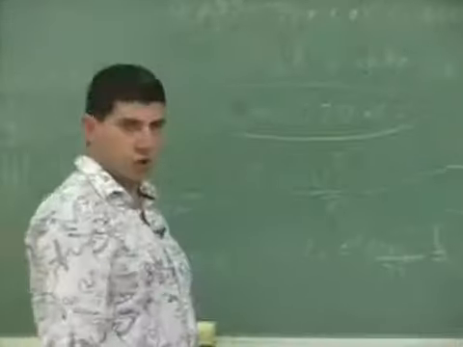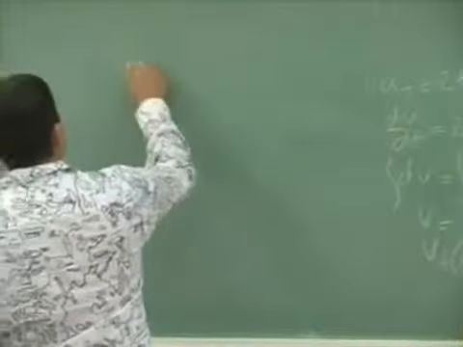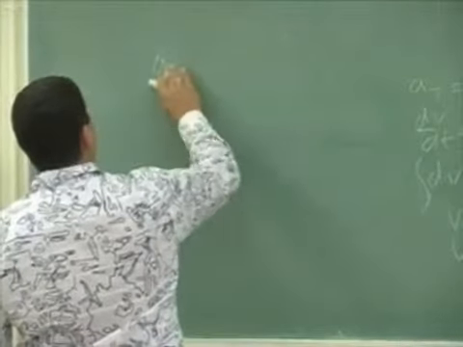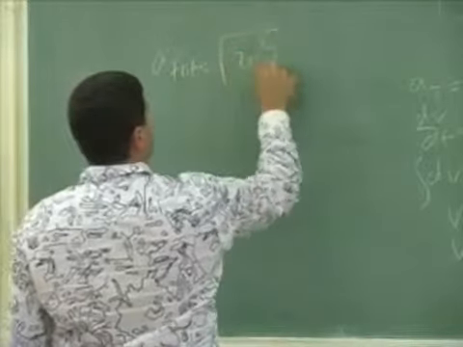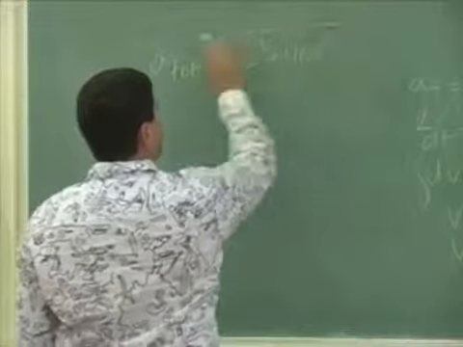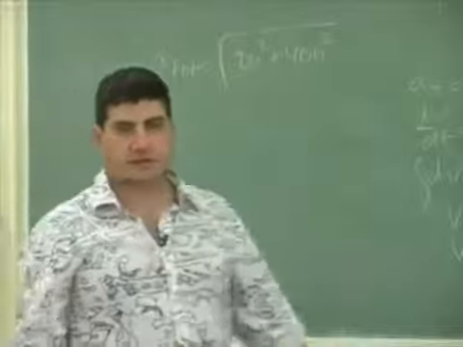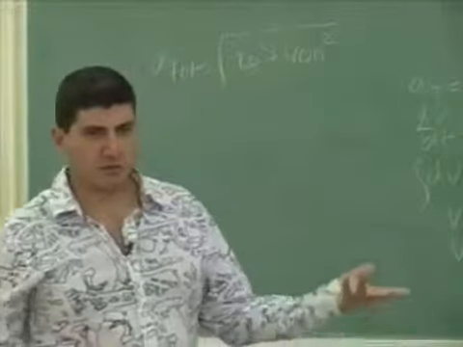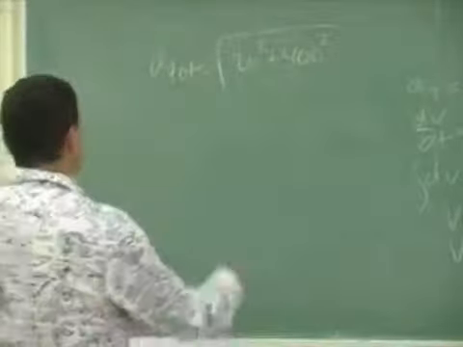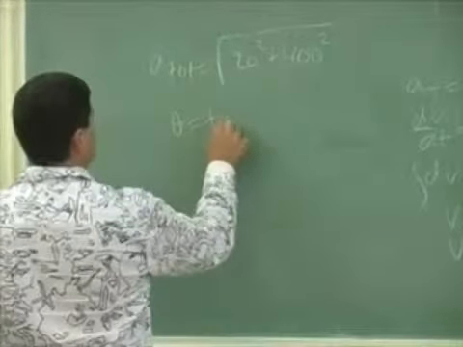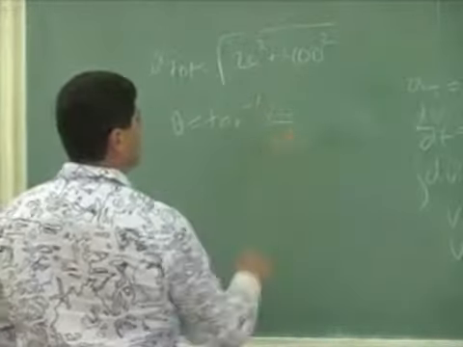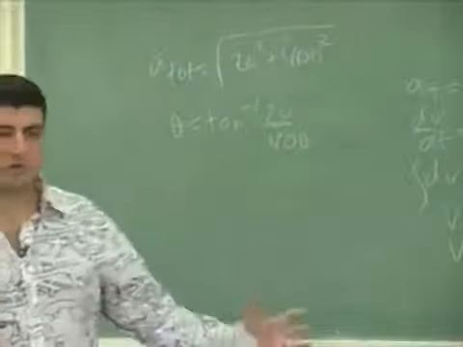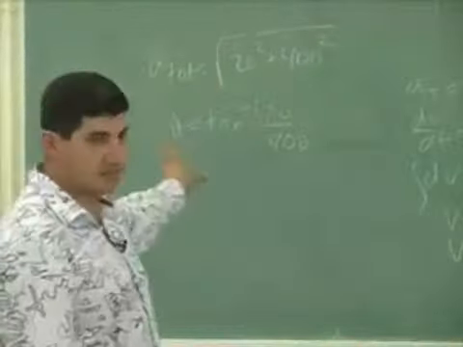And now the A total is going to equal the square root of 20 squared plus 400 squared. And it's going to be equal to close to 400. And the angle is going to be 20 over 400. So that one is, once you get that, then the rest is easy.